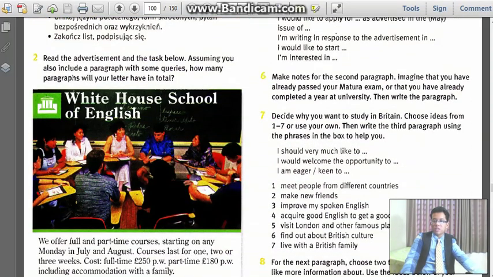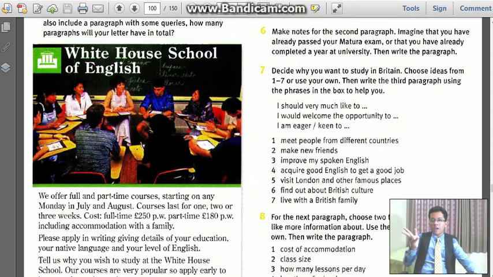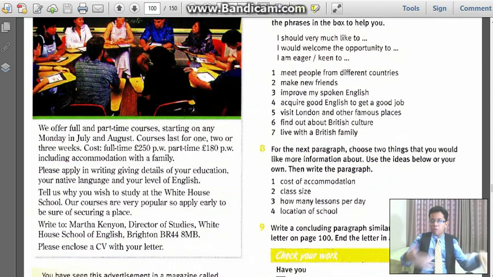Exercise number 2, they tell us to read the advertisement and the task below, assuming you also include a paragraph with some queries. How many paragraphs will your letter have in total? So White House School of English, we're going to read a little bit, then we'll answer the question.